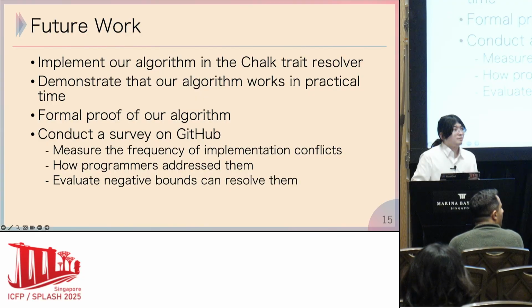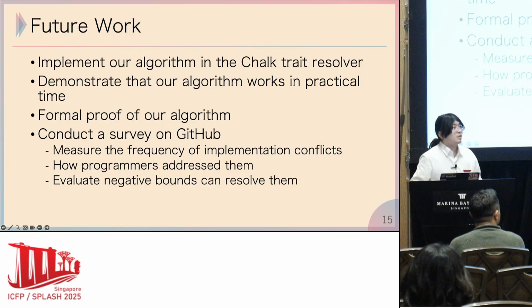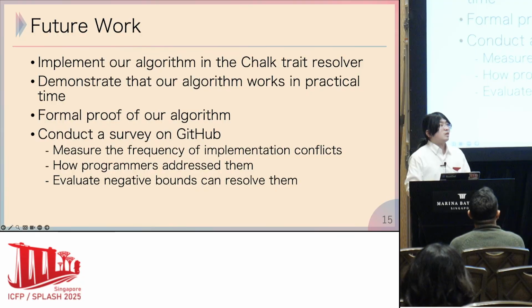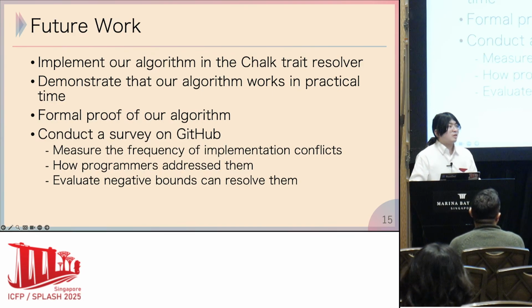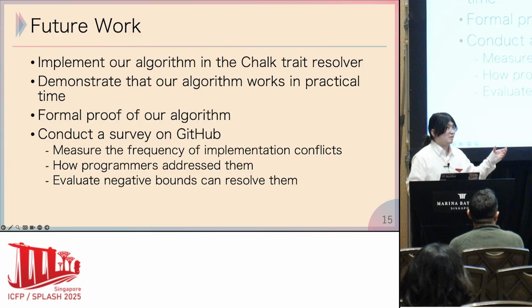Would your algorithm still do anything there, or what would be the behavior? Only negative bound. You said if you only had the negative bound, you didn't have a positive bound associated with it. You only were saying not this trait. In many ways, it would almost be the universal set minus this trait. Yes. Only minus. Yes.